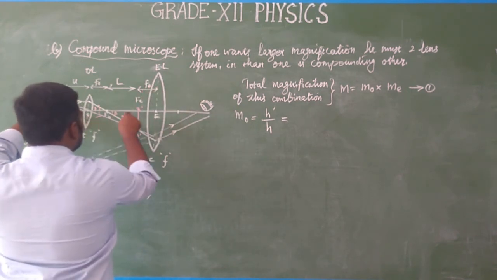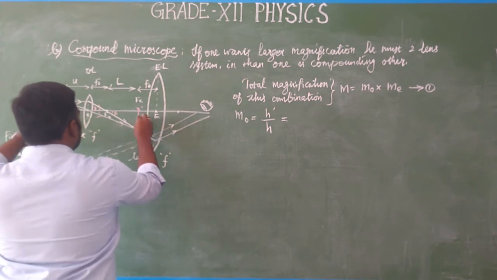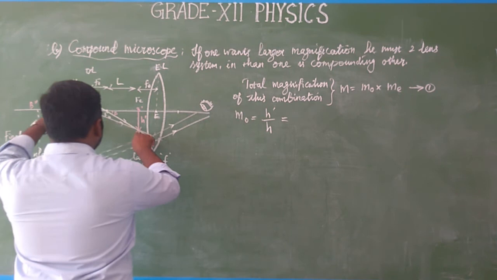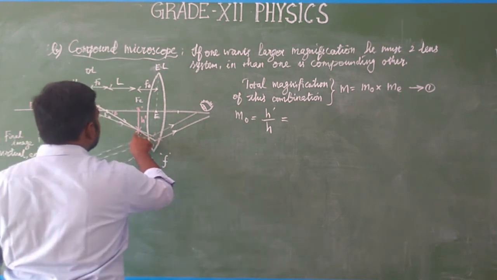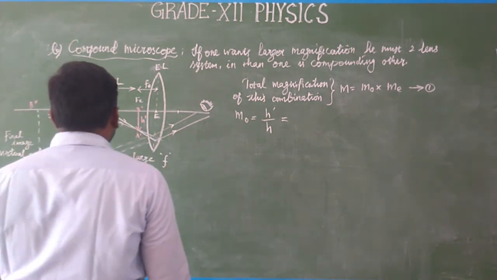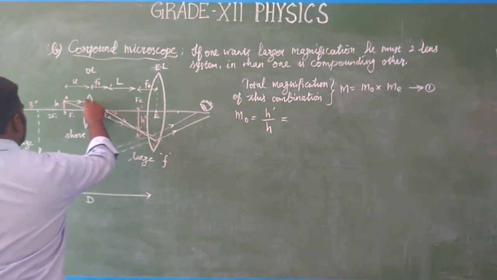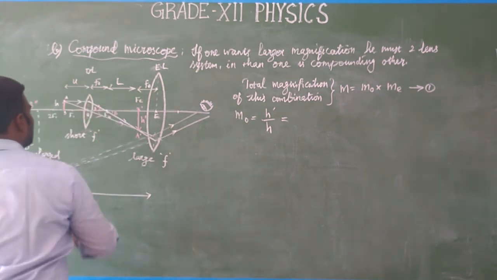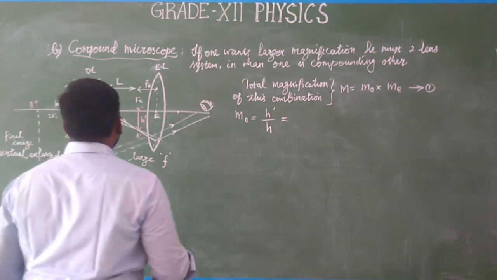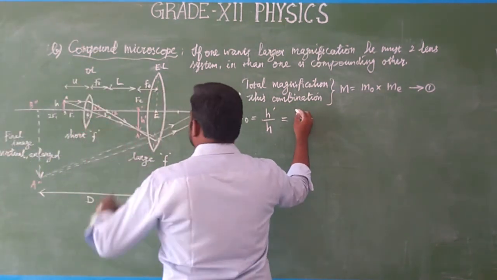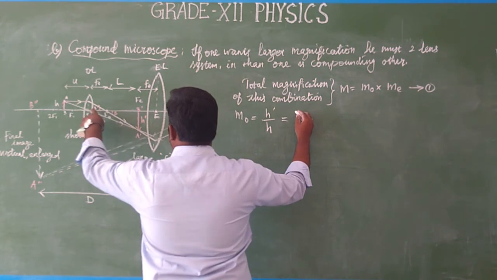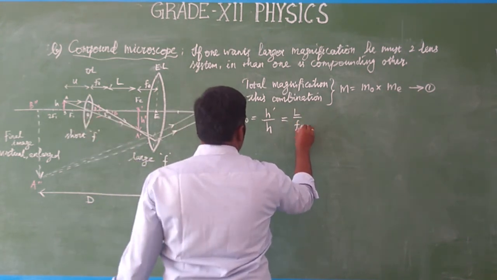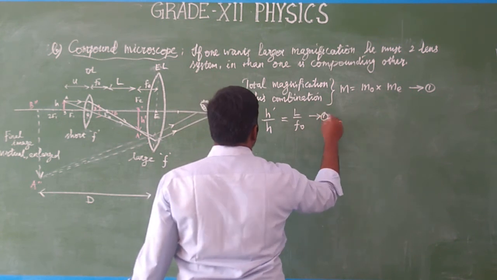This is the object, this is the image, with the height of the object and the height of the image. Since this is parallel to this, and both are opposite angles, we can say that H dash by H is equal to L by F naught. This is one equation.